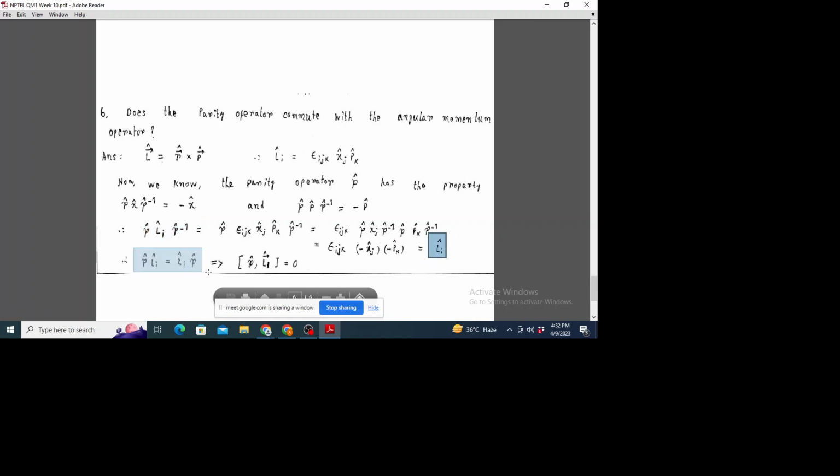Multiplying both sides by the parity operator in the rightmost place, this implies that parity and angular momentum commute. We already anticipated this relation classically, but using quantum mechanics, this is how you have to show it.